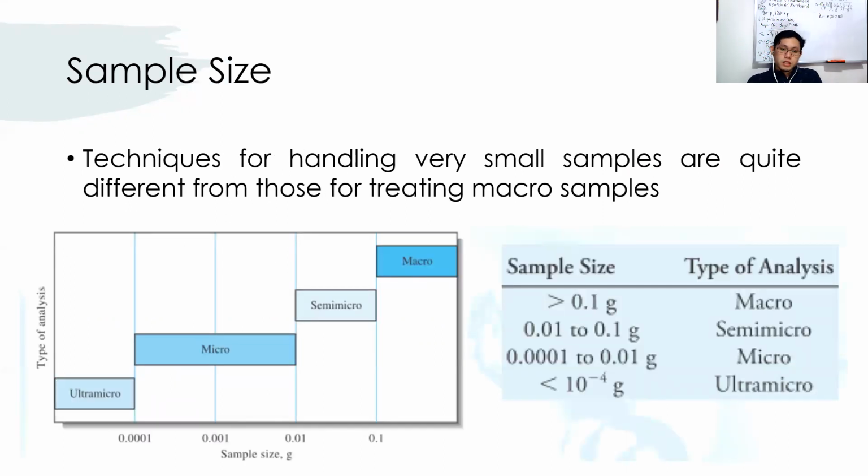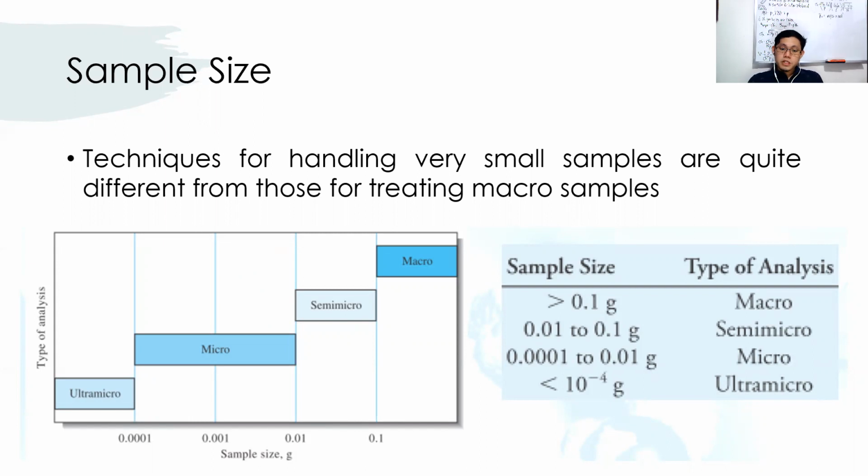So, ito na yun. Magsisimula tayo sa sample size. Meron tayong apat na type of analysis based on sample size. So, you have macro, semi-micro, micro, and ultra-micro. Yung macro, siya yung pinakamalalaking sample size, which is greater than 0.1 grams.